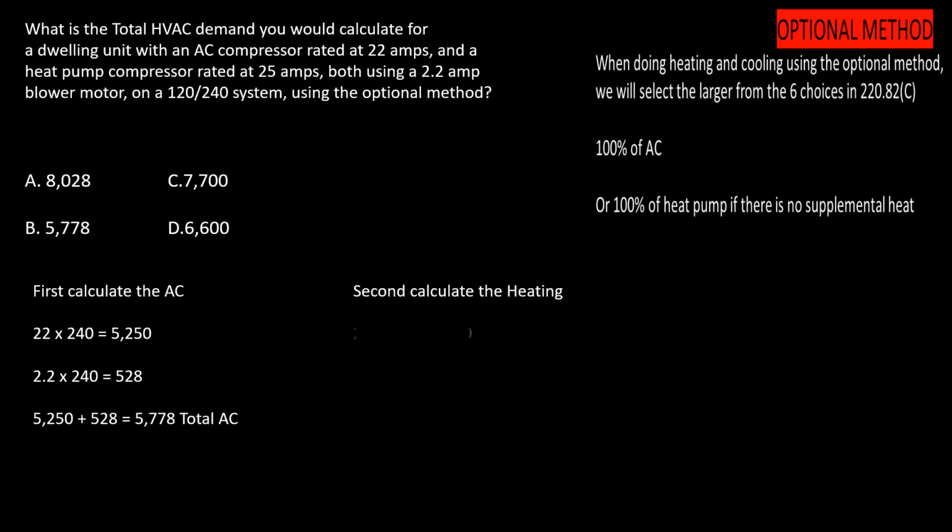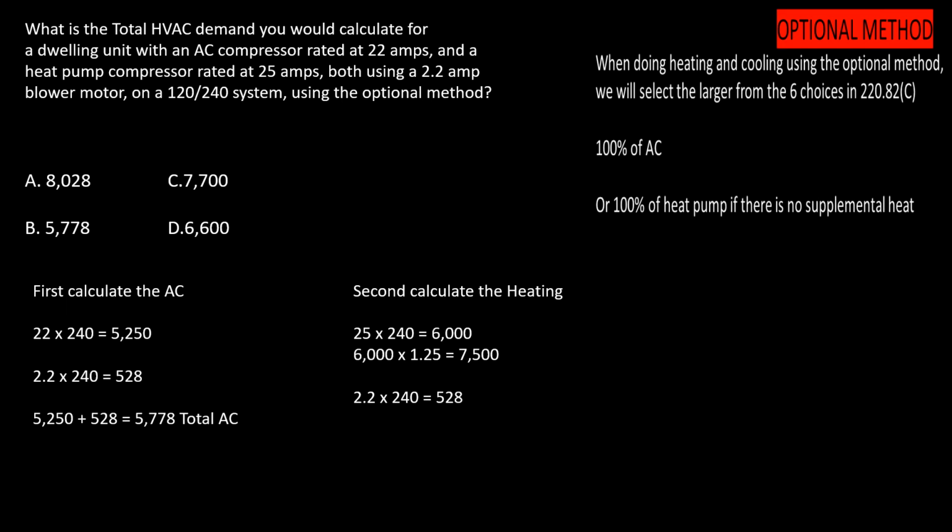Now let's go ahead and calculate the heat. So we're going to take 25 and multiply it by 240, and that's going to give us 6,000 VAs. Then this is going to be our largest motor, we're assuming, in this calculation. I have you guys do that just for good practice, and that's going to give us 6,000 multiplied by 1.25. That's going to take that up to 7,500.